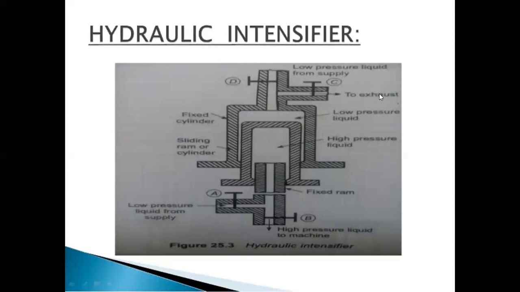C is the exhaust valve and B is the valve through which high pressure liquid is supplied to the machine where it is required.